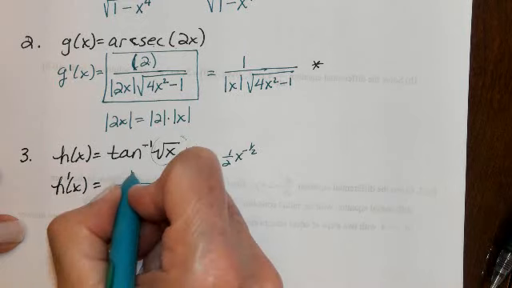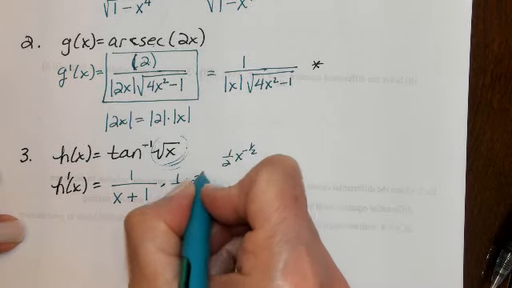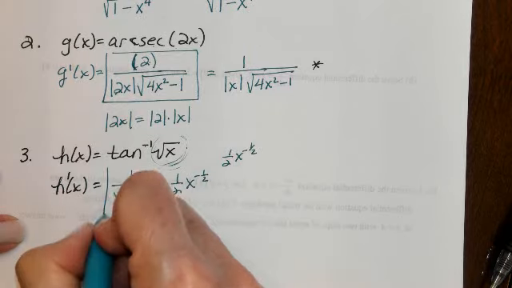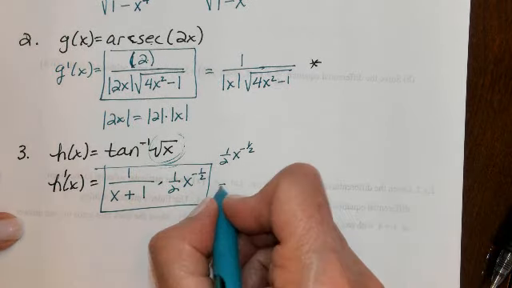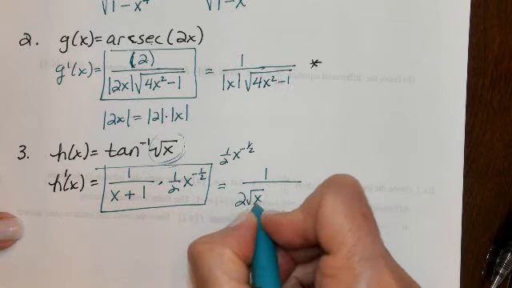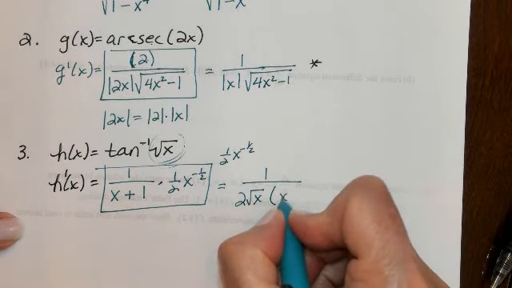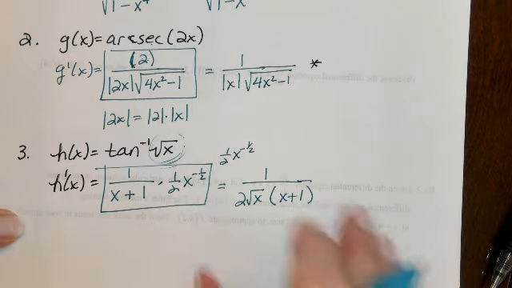This would be a safe stop spot, but not a multiple choice answer. As a multiple choice answer, what would they do? They would probably put the 2 and the square root of x and then times x plus 1. That's what they would do for a multiple choice answer.